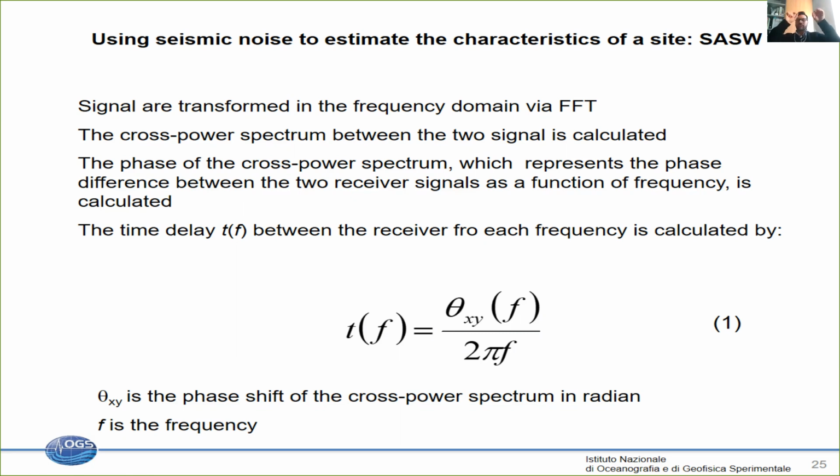If I just shift the signal by an amount theta, this will correspond to a time t. So again, if I have a sinusoid, the full circle is 2π, and this is equivalent to a full period T of the signal, which is the inverse of the frequency.